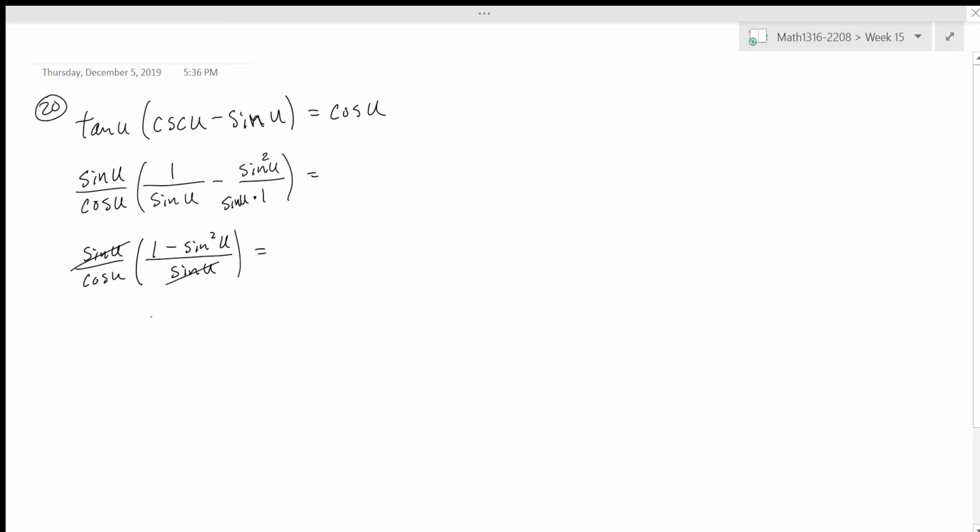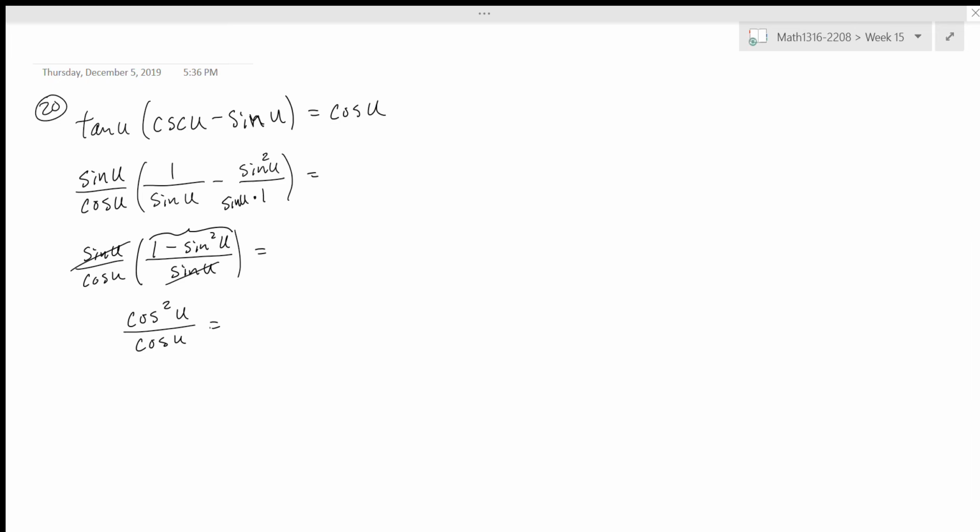Sine u on top and bottom, those cancel. Oh, and does anybody know a substitution for 1 minus sine squared? Cosine squared. So 1 minus sine squared u can be replaced with cosine squared u.